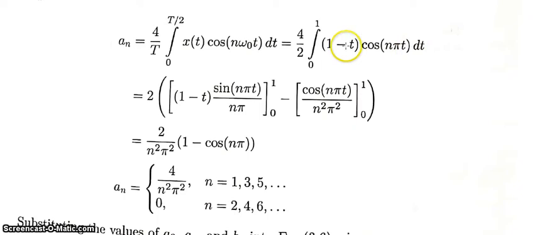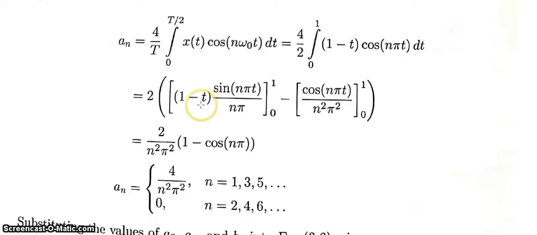Now this integration is an integral of a product of two functions. So the integral of a product of two functions is the first function into the integral of the second, minus the integral of the derivative of the first into the integral of the second. So they have directly written the final answer of the integration here.